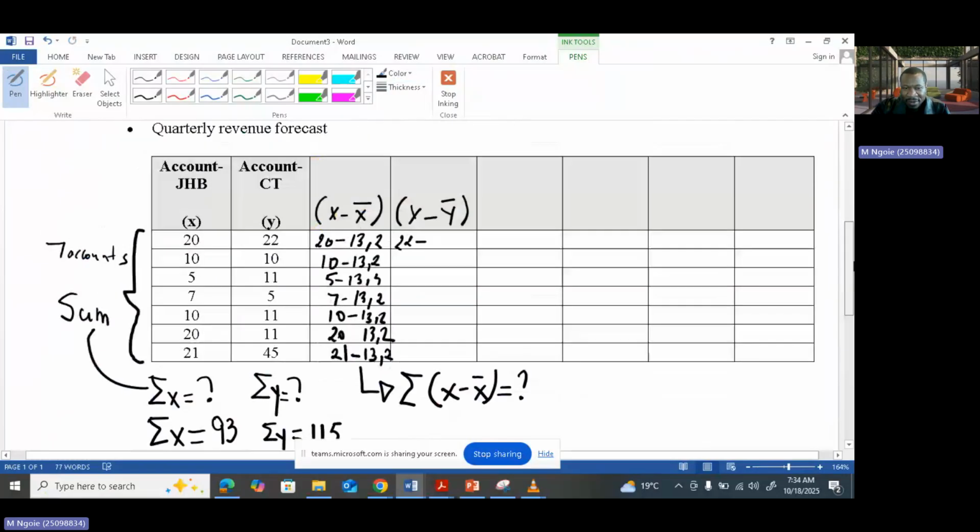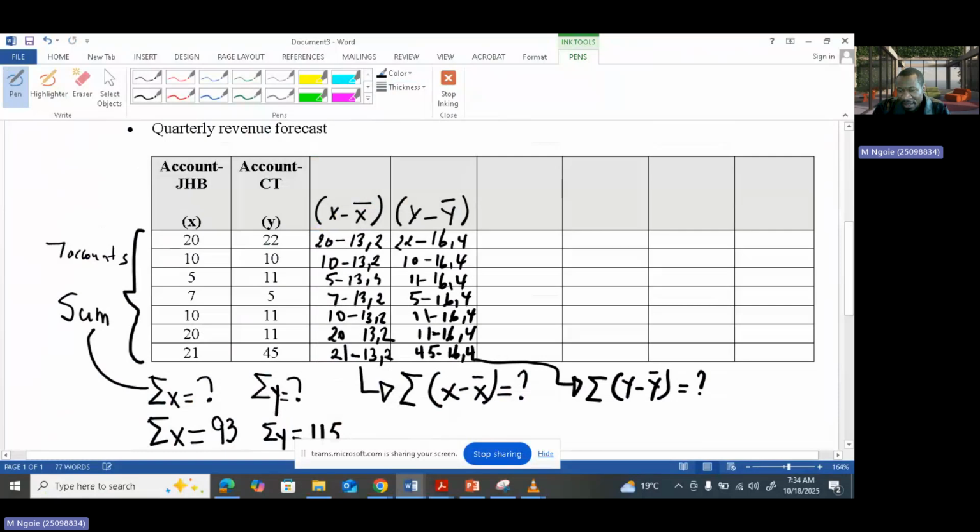So 22 minus 16,4, 10 minus 16,4, 11 minus 16,4, 5 minus 16,4, 11 minus 16,4, 11 again minus 16,4, 45 minus 16,4. And for this column again, guys, you can also try to find the sum of Y minus Y bar, and you're going to get your answer, right?